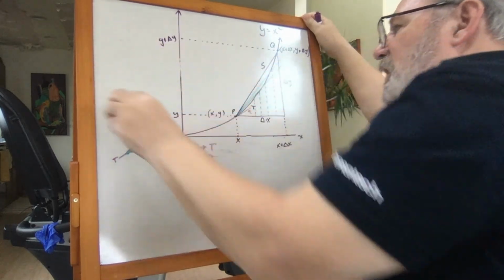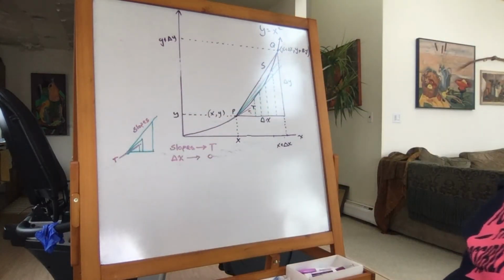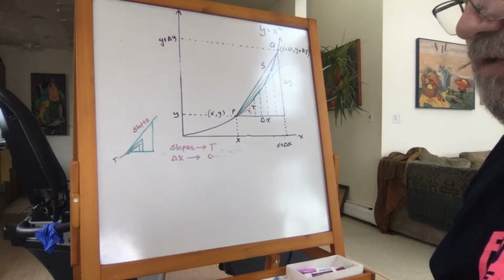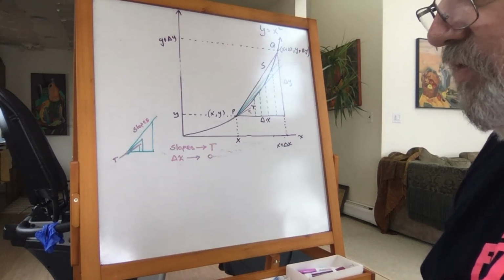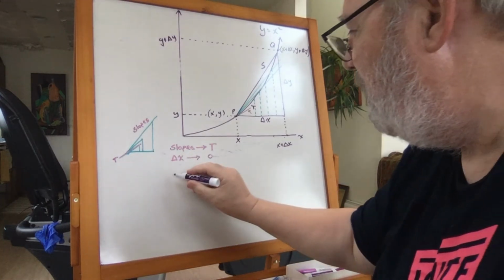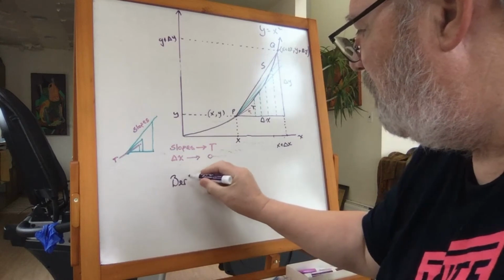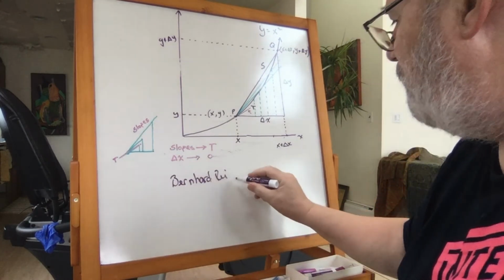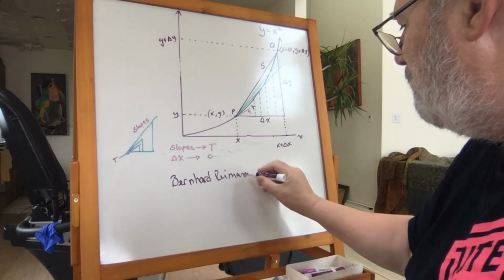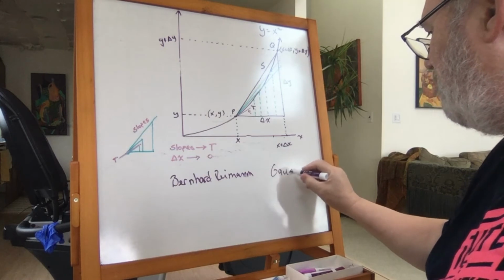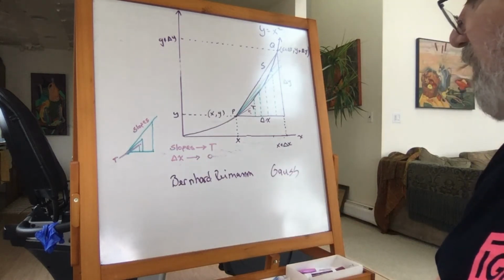Now, what mathematicians don't tell you is that calculus didn't have a firm or solid theoretical basis until Bernhard Riemann. He was a student of Carl Gauss.